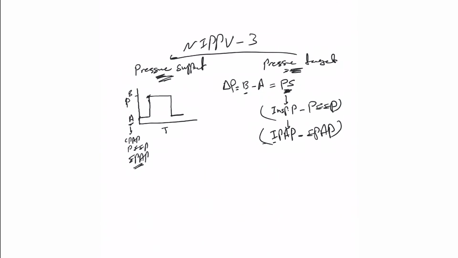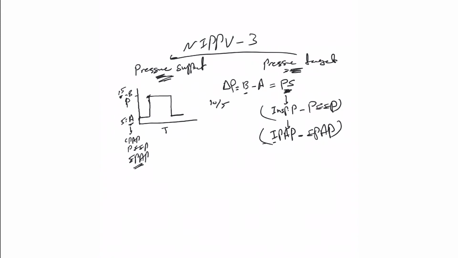Make it simple. If you have a patient and you say, okay, we're going to put them on 10/5 BiPAP, this means A equals 5 and B equals 15. So the IPAP will equal A, the 5, plus 10.